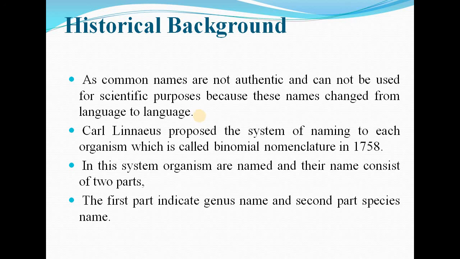So binomial nomenclature was first proposed by Carl Linnaeus in the year 1758. In this system, organisms are named and their name consists of two parts. The first part indicates the genus name and the second part the species name.